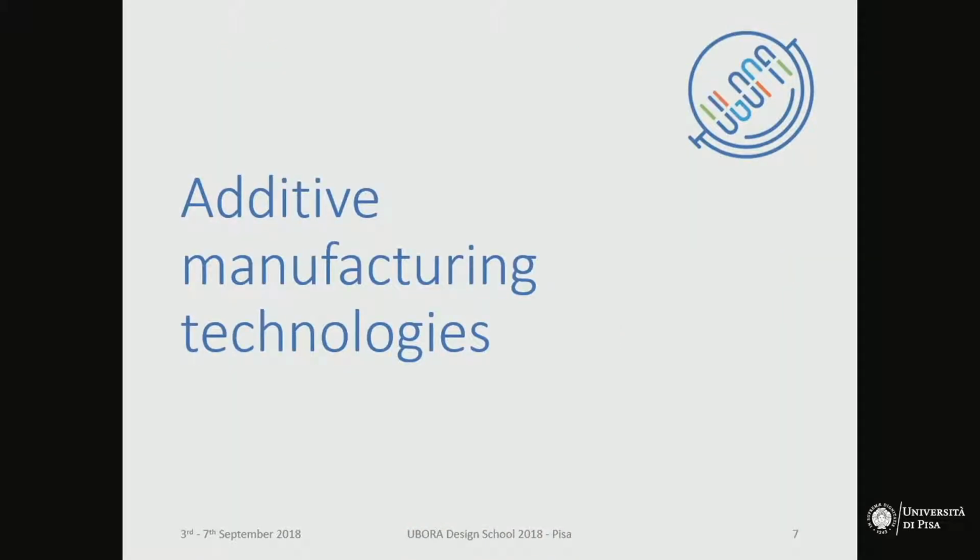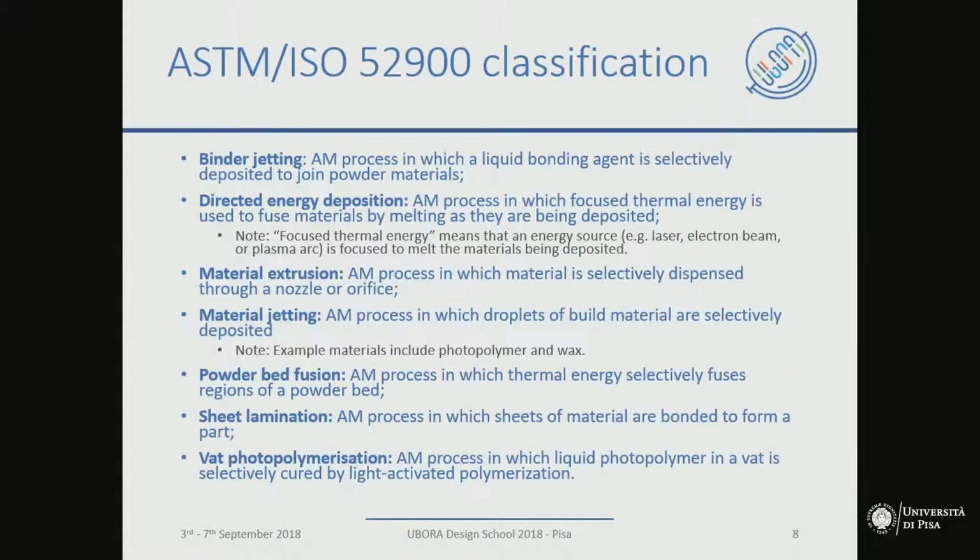Now, after this introduction, without any formal description, we will go through 25 minutes of information. First of all, as you understood from the classes of yesterday, we have ISO standards also for 3D printing.